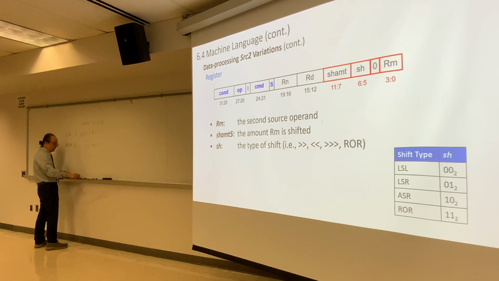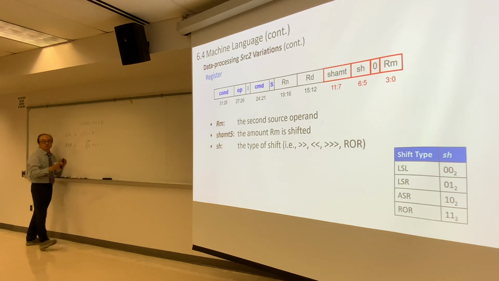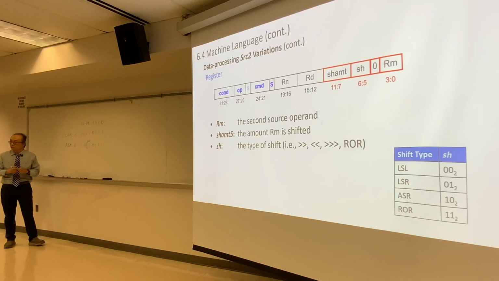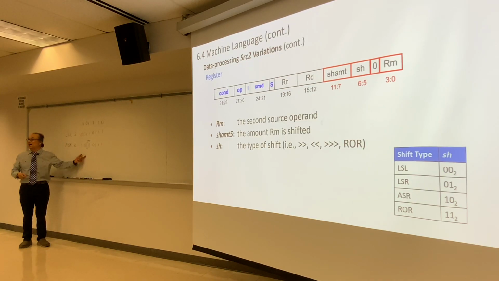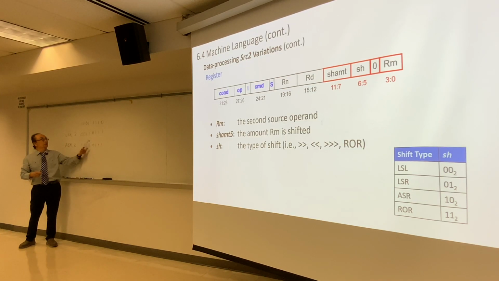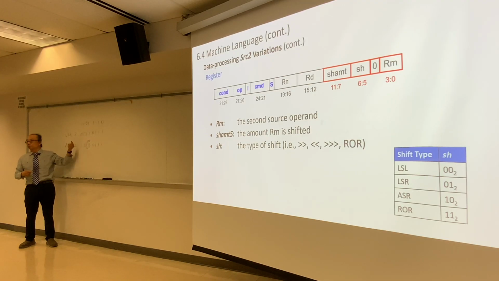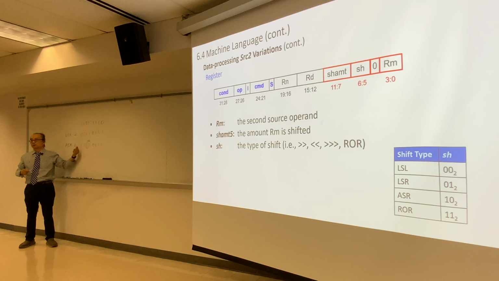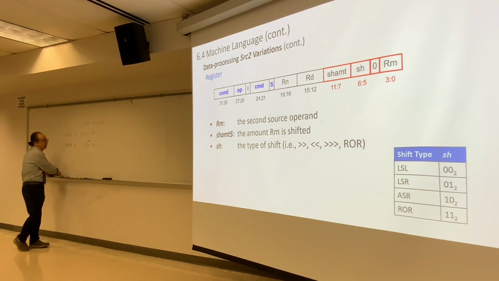Any empty spot, we need to copy the MSB, most significant bit, so that we can keep the sign of this number. It was a negative number, now it's still negative. If it was positive, which is 0, then we copy down 0, so we still have a positive number.